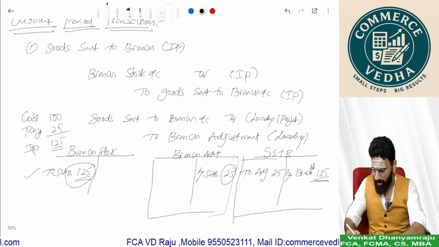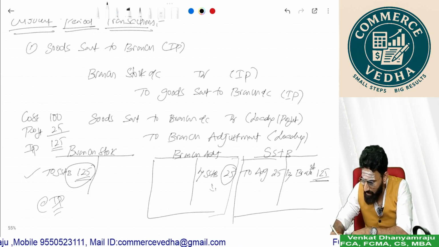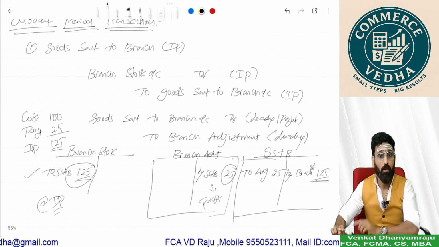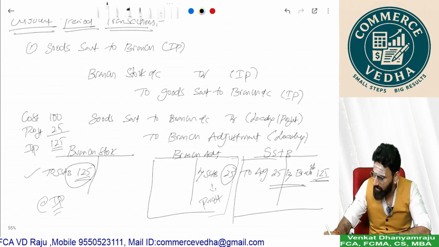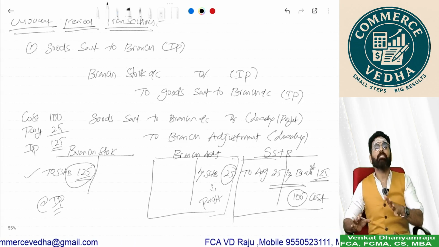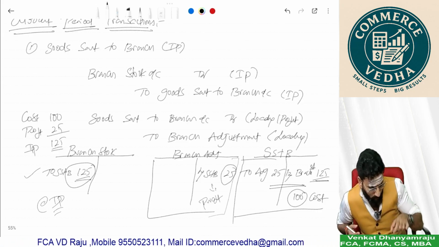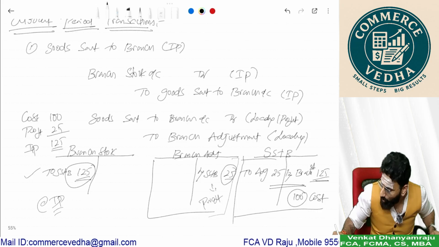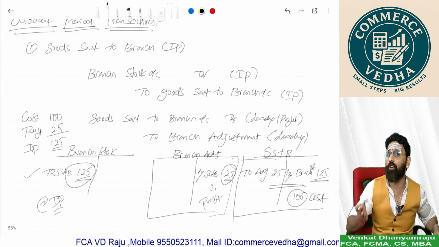So branch stock is at invoice price, adjustment is at profit included, and goods sent to branch is at net. What is the net? 100, which is cost. The entry is designed in such a way that your stock should show your invoice price, your branch adjustment should show your loading on the stock, and your goods sent to branch account should show the cost price.